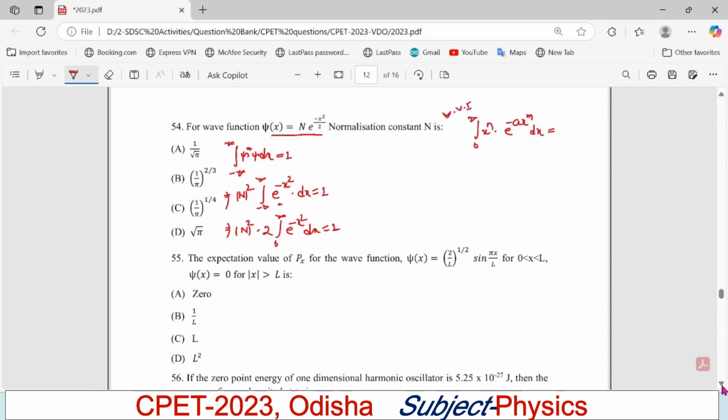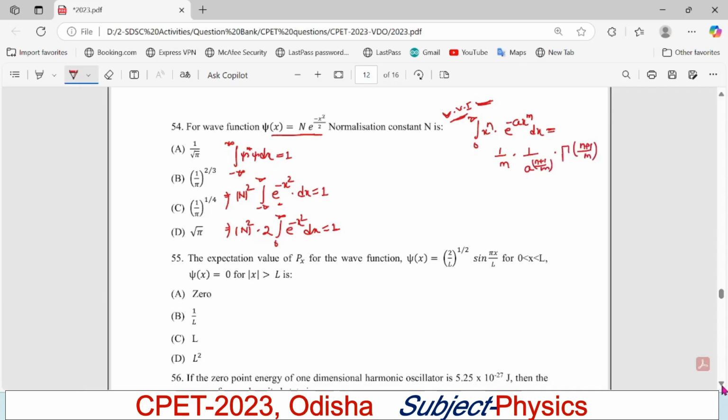You just remember this one. This is very useful in different places, this type of integration. Then the value will be 1 by m into 1 by a to the power n plus 1 by m, gamma n plus 1 by m.